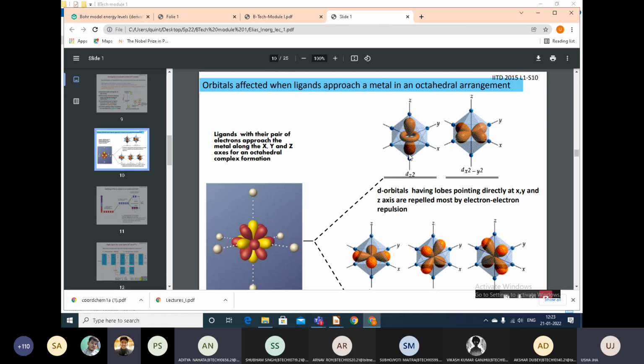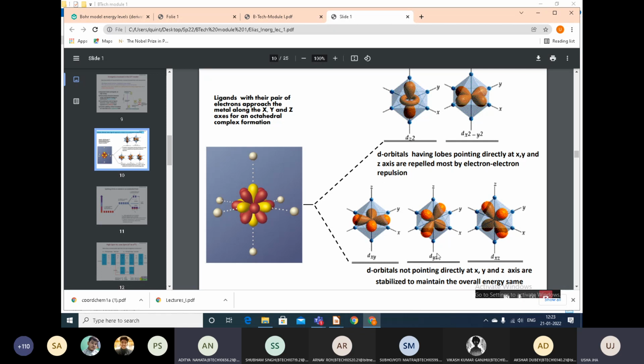Now as it approaches nearer, what happens is that those orbitals which are along the axis are going to face a greater repulsion as compared to those orbitals which are in between the axis. So we saw just now that dxy, dyz, and dxz, their lobes are in between the axis. If it is in between the axis, that means they are not in the direct line of attack. So neither in the dxy, nor in the dyz, nor in the dxz would you have a greater repulsion.